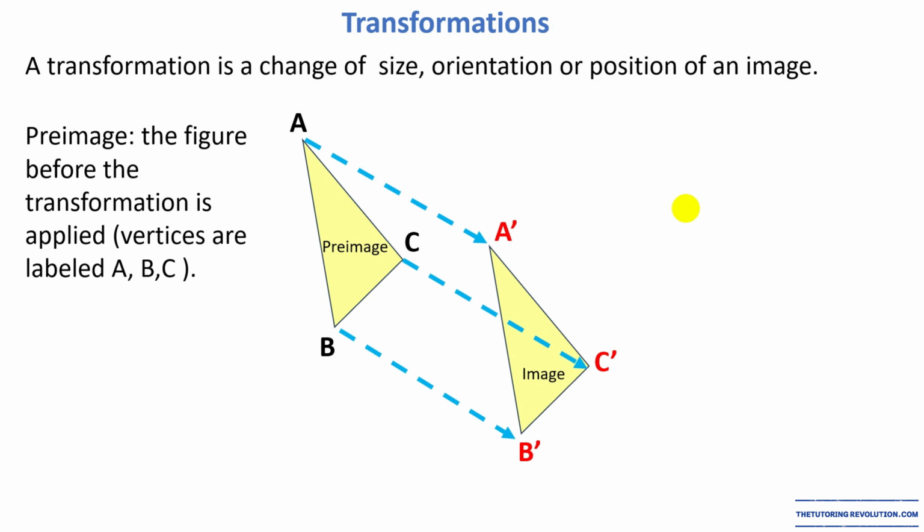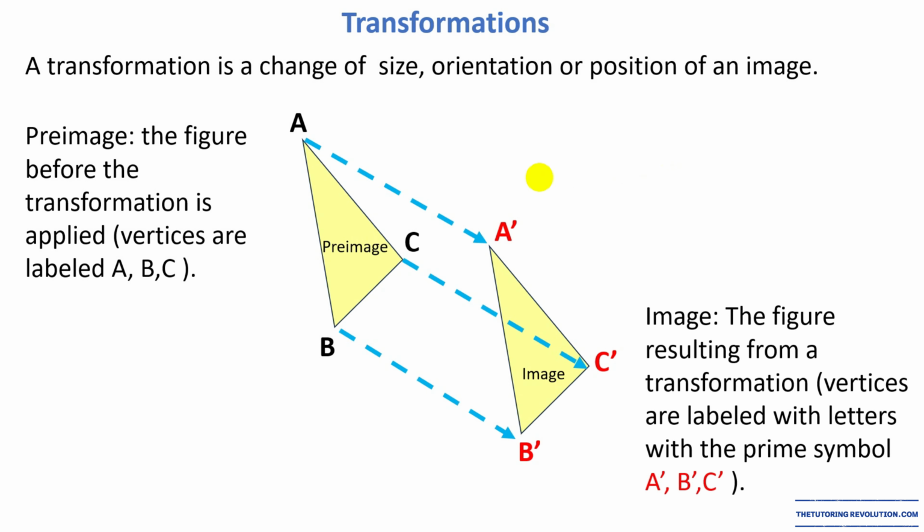So we generate an image, which is the figure after the transformation. We always label the image with the same letters as the pre-image, but we add the prime symbol. In this example, A prime, B prime, C prime.